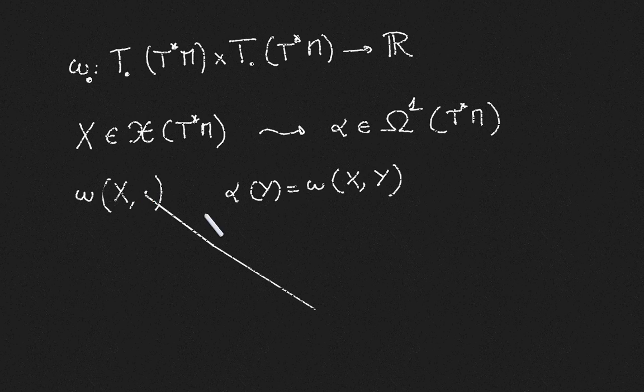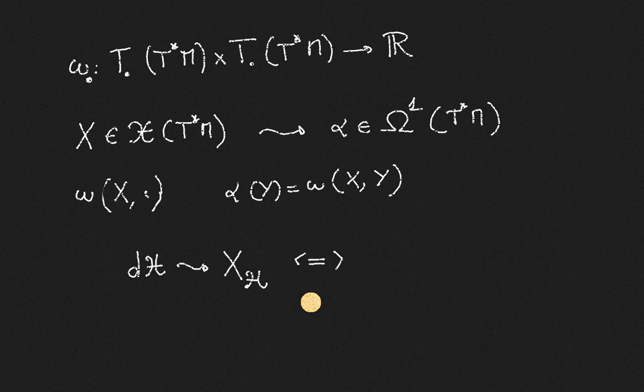Now, if the differential of your function h corresponds to a vector field x of h, this means that applying dh to x of h should give you this.